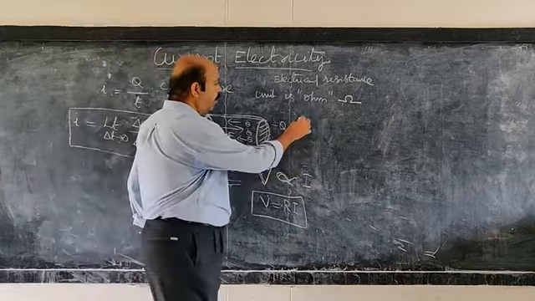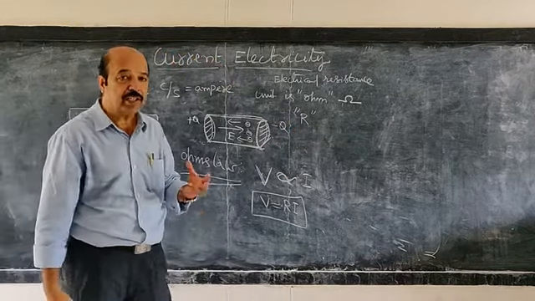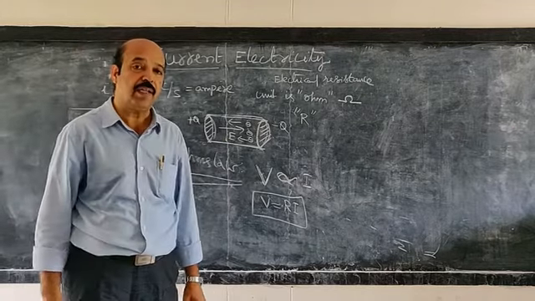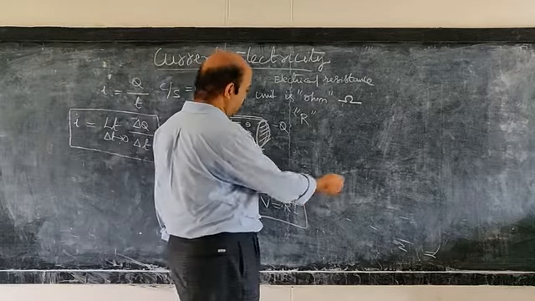Now this value of R depends not only on the nature of the material of the conductor but also on the dimensions of the conductor. This can be easily understood like this.